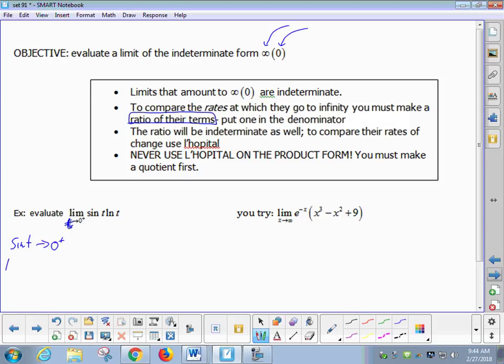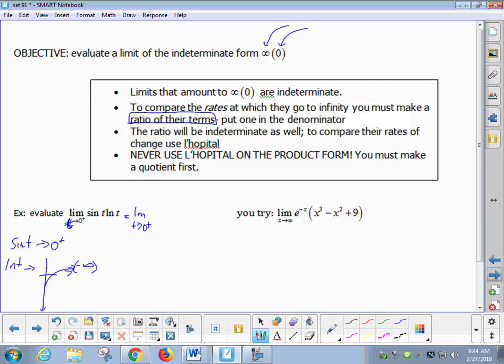What about log? As t goes to 0, it helps me to think graphically. Here's the log graph, yeah? As t goes to 0, what do the y values approach? Negative infinity. Okay? Well, that is an indeterminate form. Tiny times large. Doesn't matter that it's negative. It's still indeterminate. So you're going to use L'Hopital's eventually, but first we must make it a ratio.